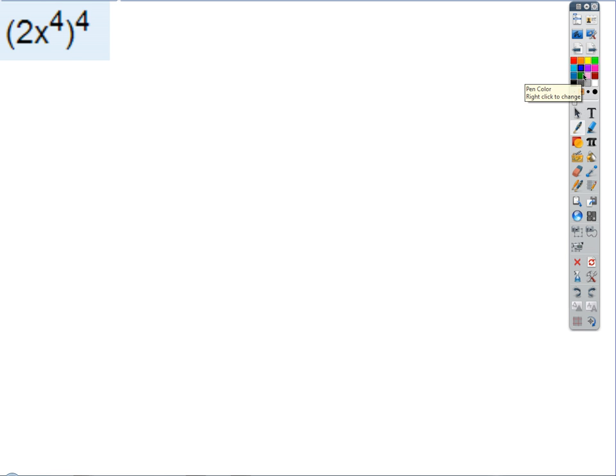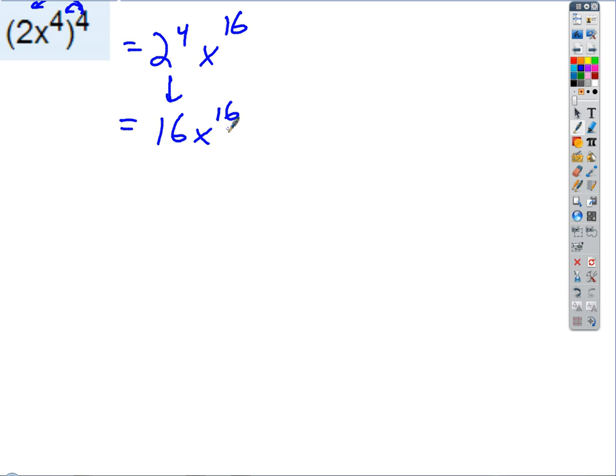And so that power of 4 has to get distributed to both parts, right? So I'm going to get 2 to the 4th times x to the what? 16. And what is 2 to the 4th? 16. Yeah. So that's just going to become 16 x to the 16. Okay? Got it. All right.